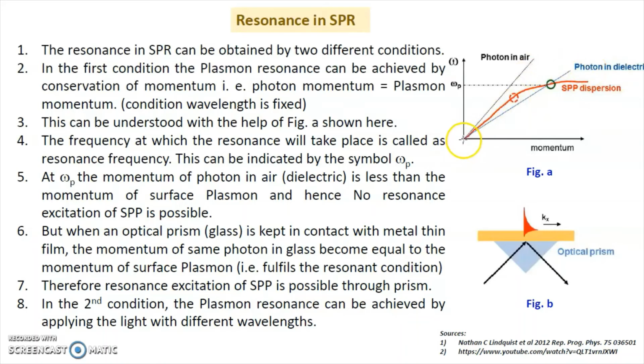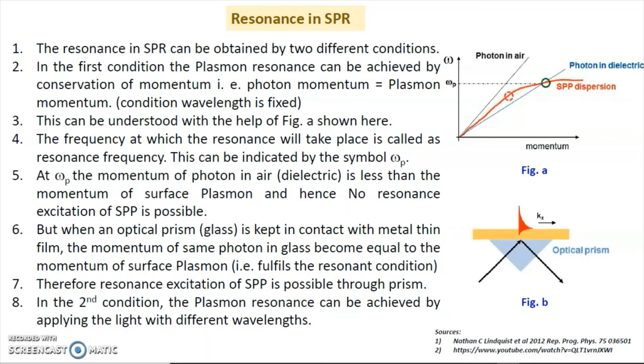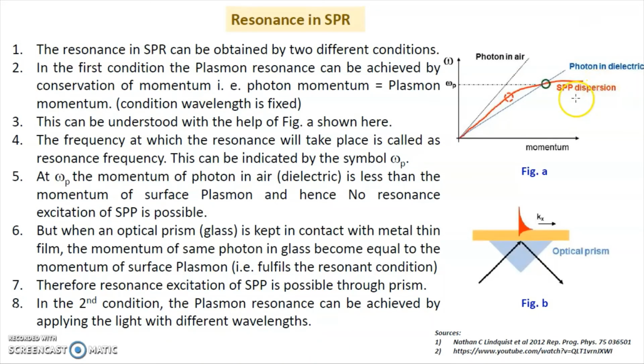So you can see now, when the photon is passed through the dielectric media, this black colored line gets shifted to blue color, right?